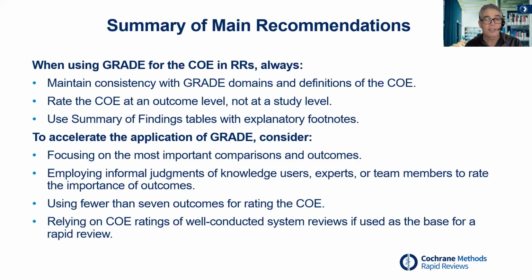To accelerate the application of GRADE, consider focusing on the most important comparisons and outcomes. Consider employing informal judgments of knowledge users and experts to rate the importance of outcomes. Consider using fewer than 7 outcomes and relying on certainty of evidence ratings of well-conducted systematic reviews if a review is used as the base for a rapid review.